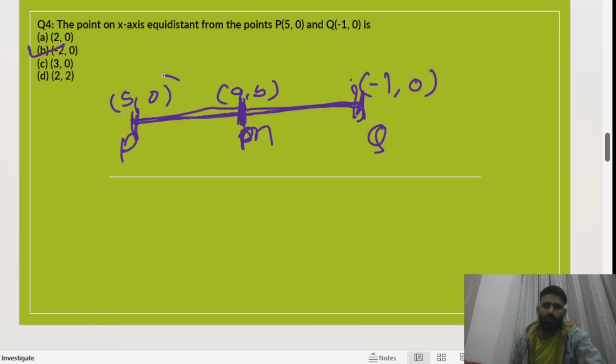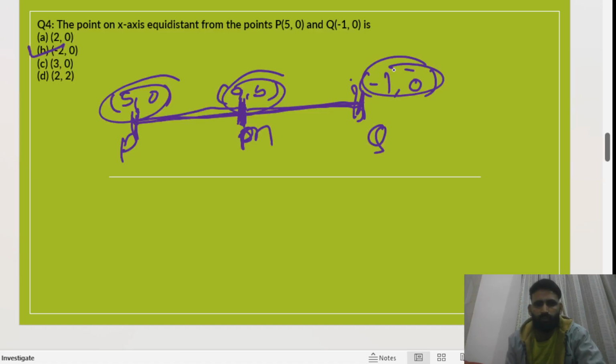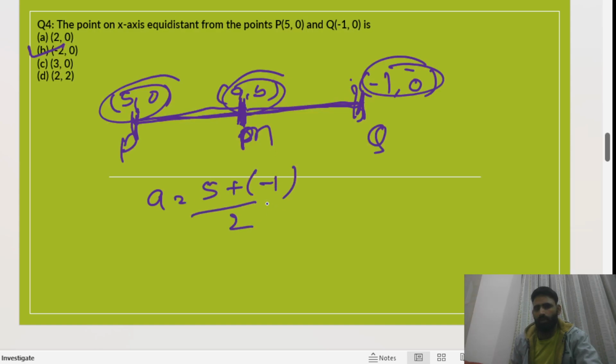The coordinates are given already, and this is equidistant, so we can use this type. P and Q: a is (5 plus minus 1) divided by 2, equidistant.